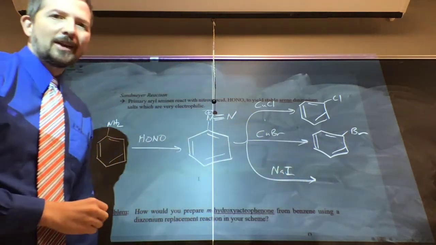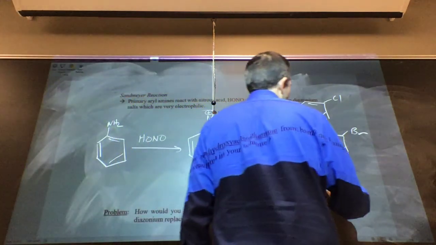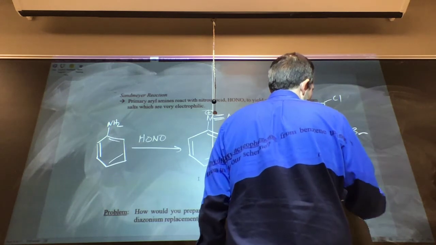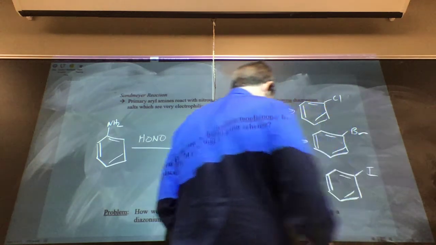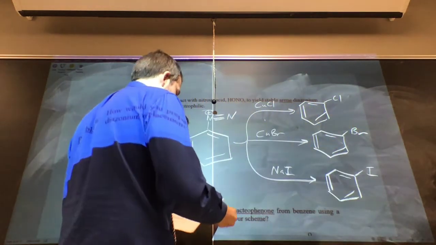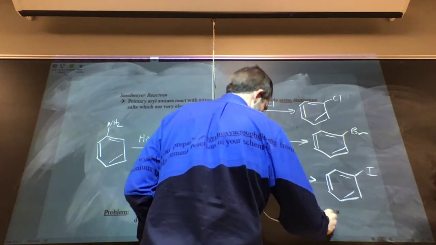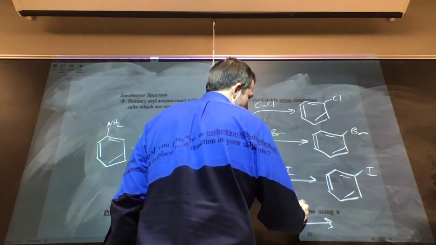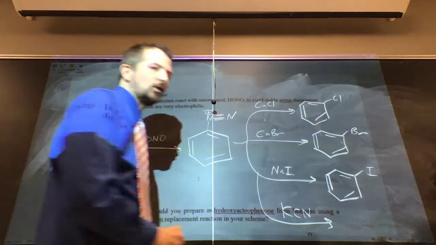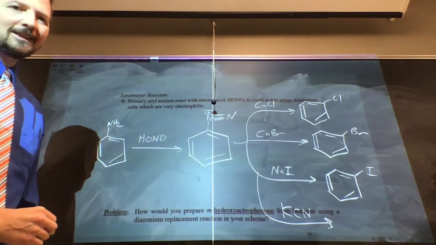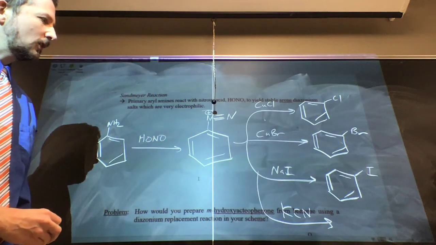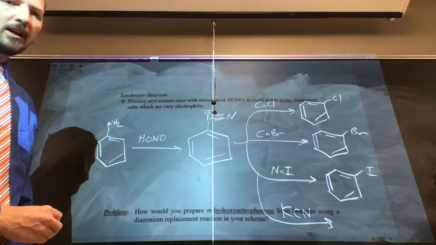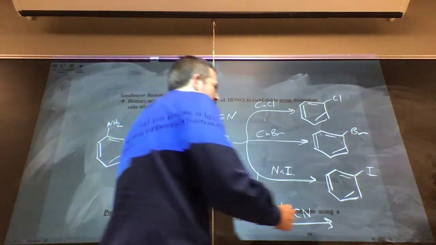You can replace it with the iodine. Just whatever your nucleophile is, in this case KCN, so your nitrile, the nucleophile is CN minus, and so that would replace it.